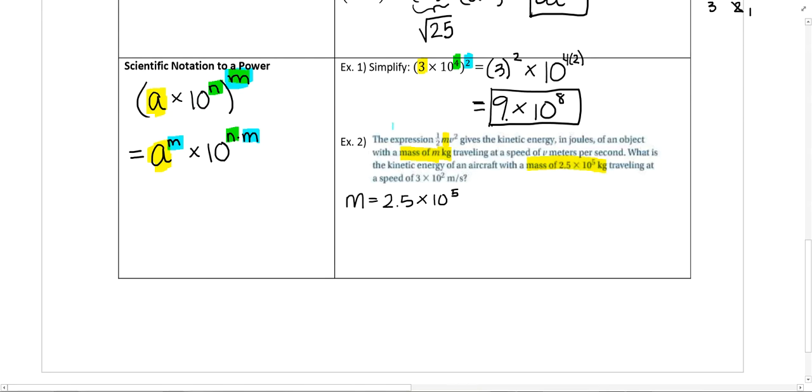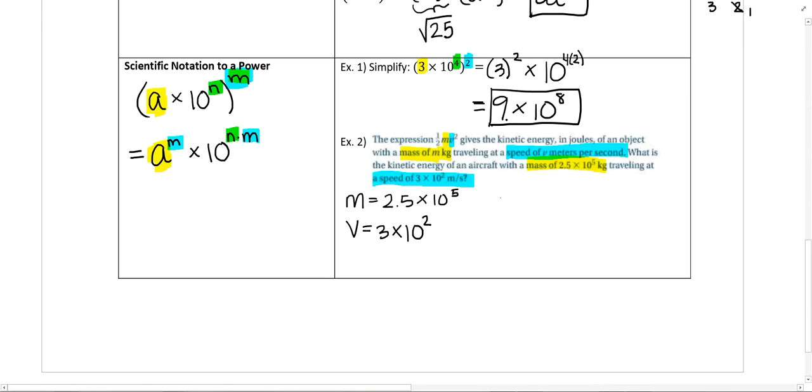Then we have v, which is velocity. They didn't say the word velocity, but that's what the v stands for. It's a speed of v meters per second, and so that is this number right here. So v equals 3 times 10 squared.